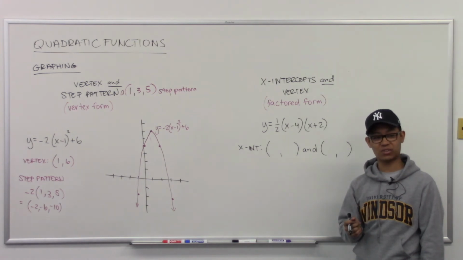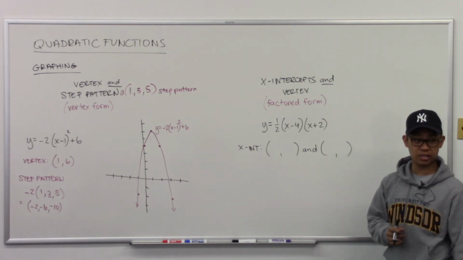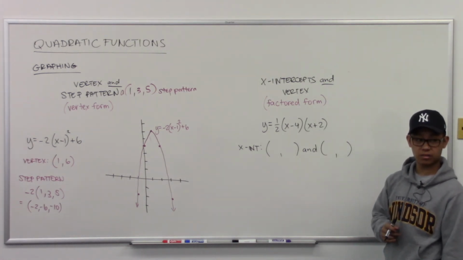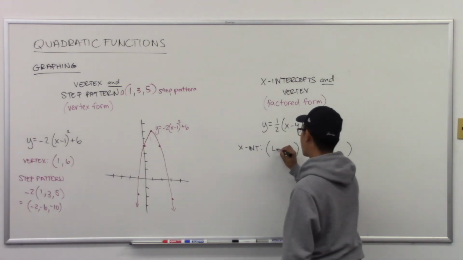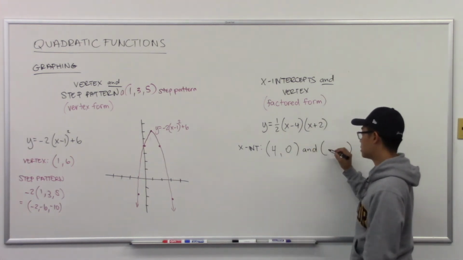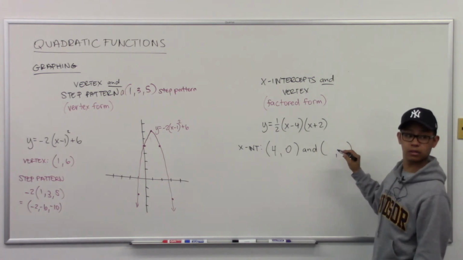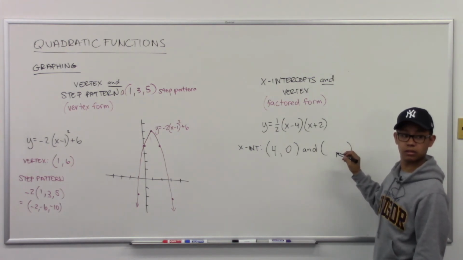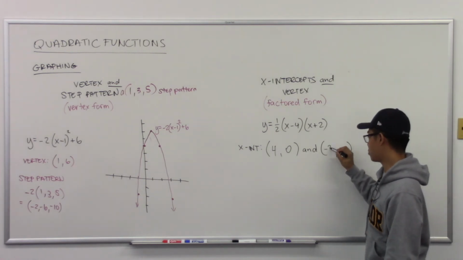That's why I gave it back to you. So yes, what is the r and s in this case? Careful. What do you got to remember? Very good. 4 comma what? Very good. And? 2. Yeah, 0, so 4, 0 and negative 2, 0. Right, don't forget that.